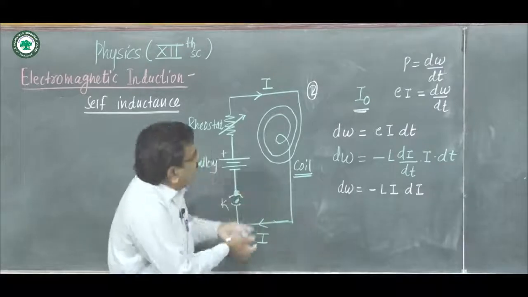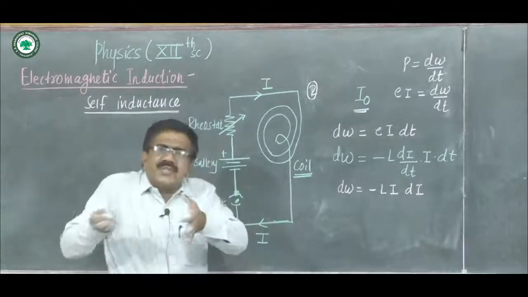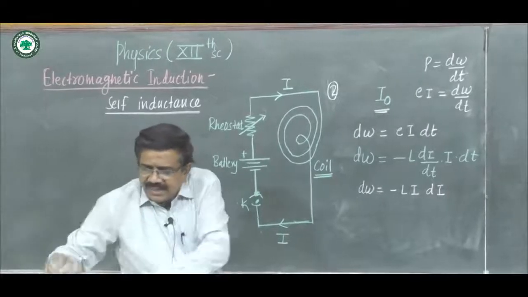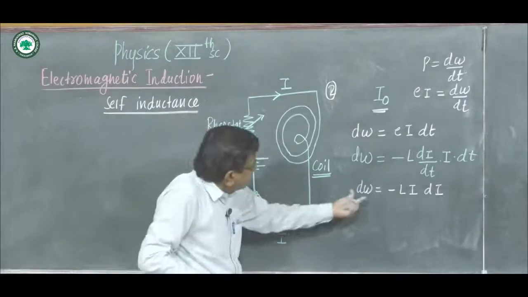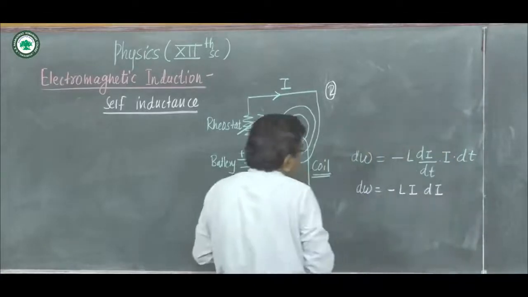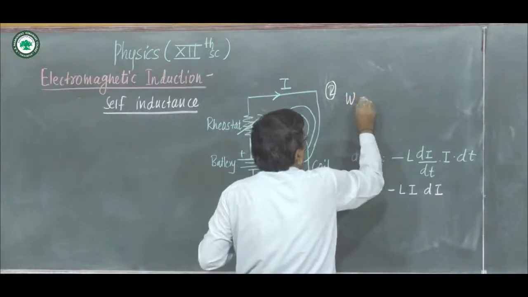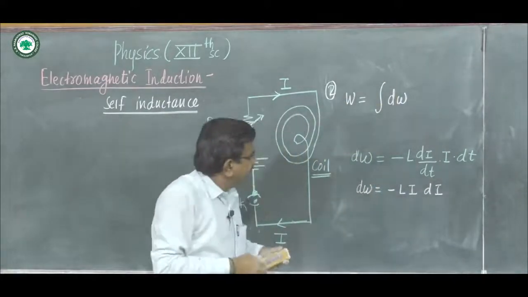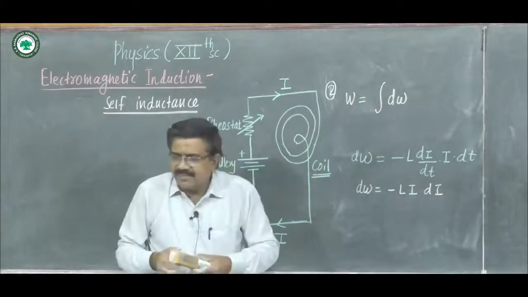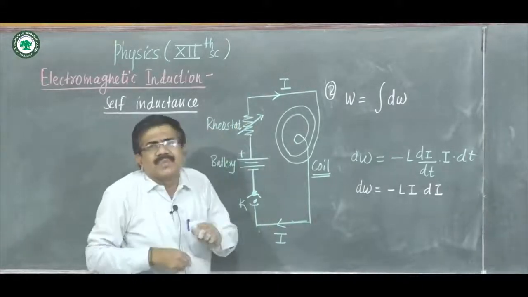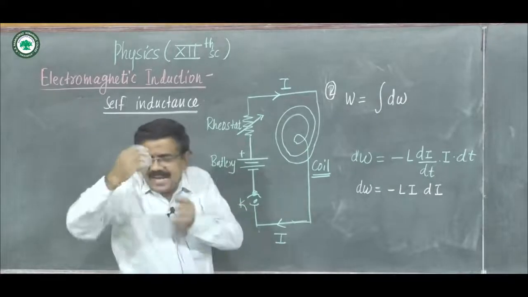The total work done is the addition of such small works, and we can obtain that by using the integration of this dW. So W is the integration of such small works, but for such small works the current increases from 0 to steady current I0.